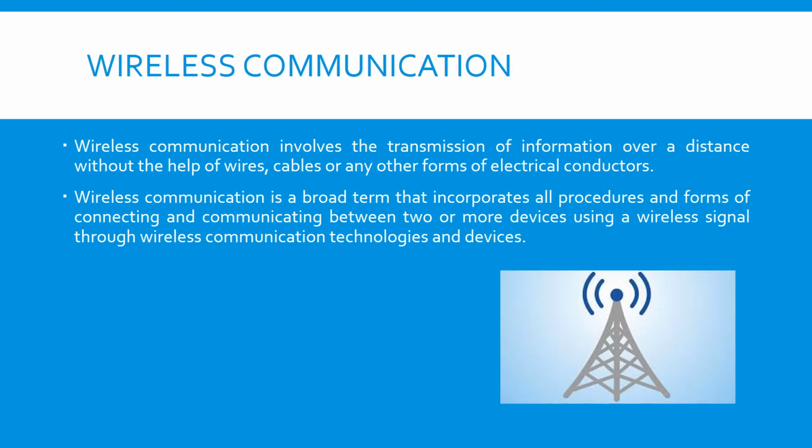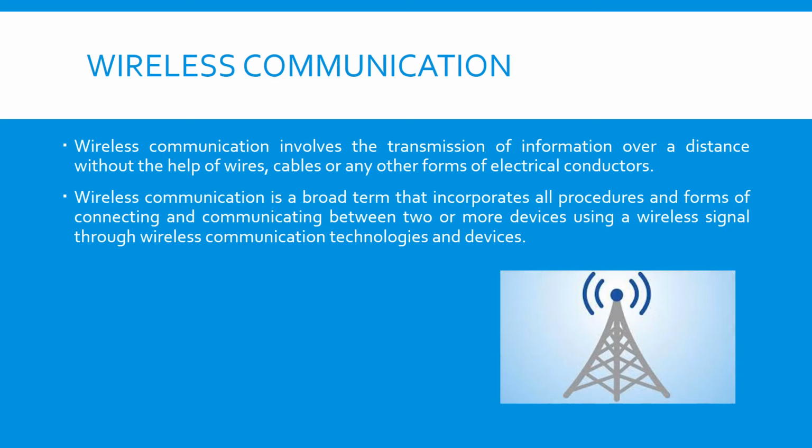About the wired networks we have studied, and the scope and the topics which are to be covered in the wired network is quite short. But in case of wireless communication or wireless network, we have a lot of topics that are to be covered.